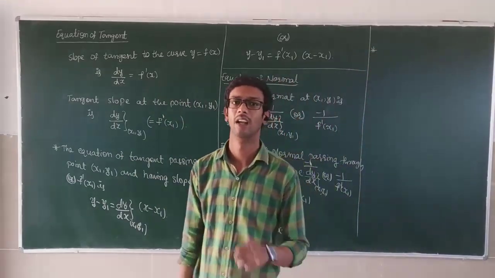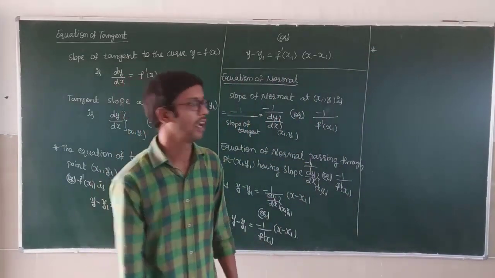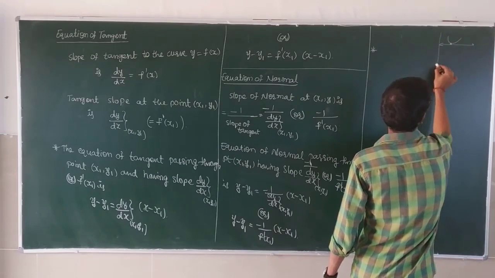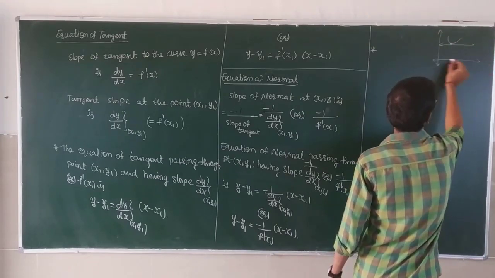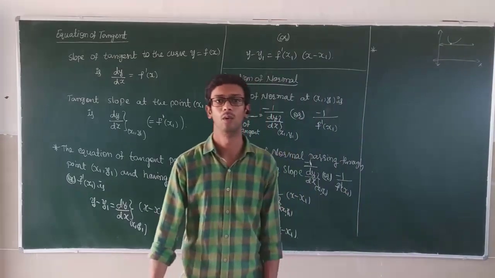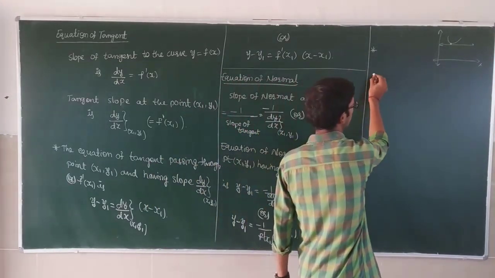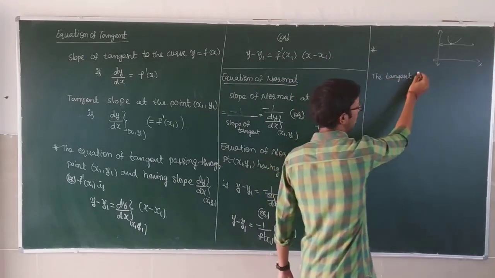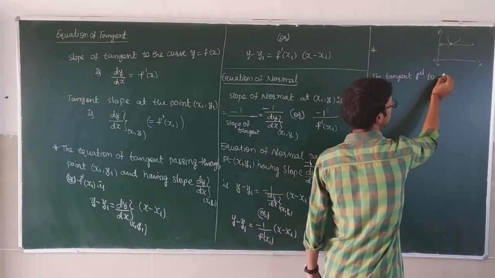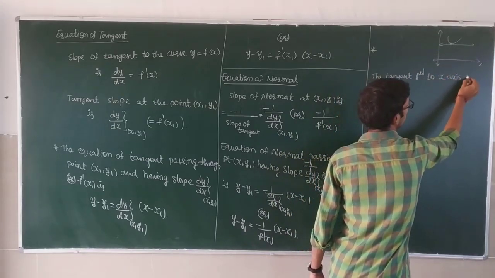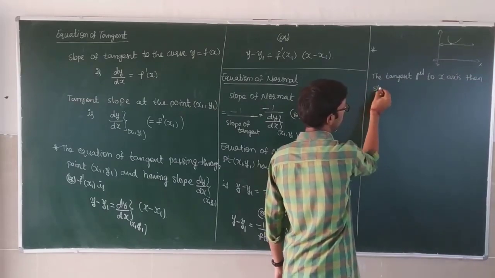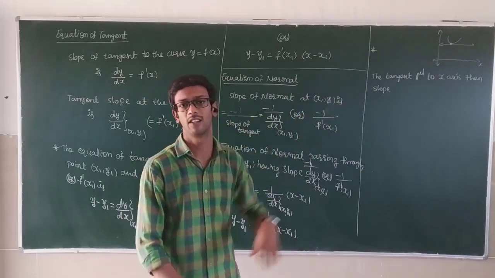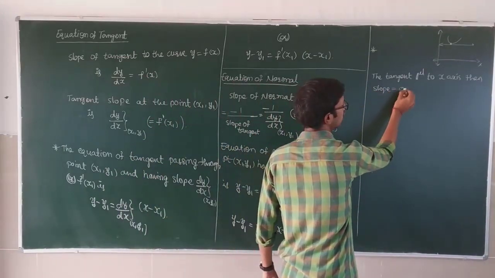A tangent parallel to the x-axis. For example, one curve is there. If you draw a line that is parallel to the x-axis, then the tangent is parallel to the x-axis, then the slope of the tangent parallel to the x-axis. Parallel to the x-axis means slope is equal to 0.